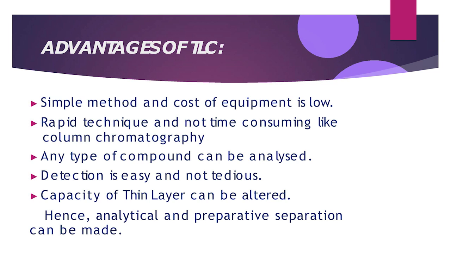We are using 0.1 gram or 1 gram of substance, which is enough for thin layer chromatography, and very short time is needed. Column chromatography or paper chromatography take so much time, but TLC takes very little time and is effective.